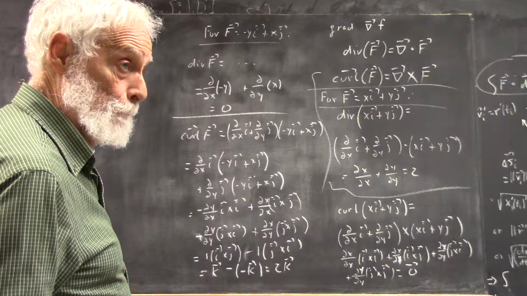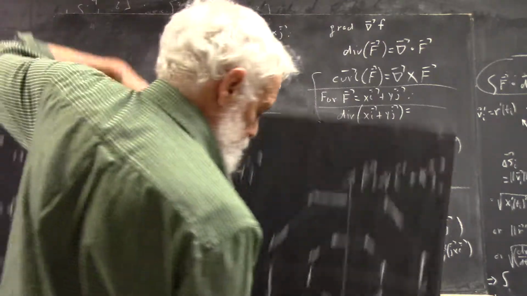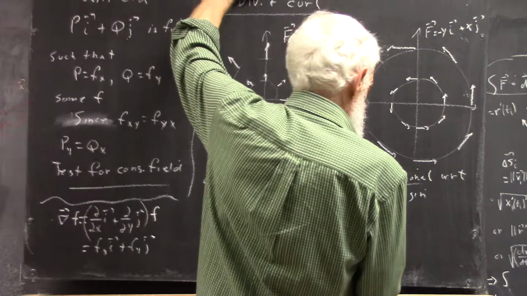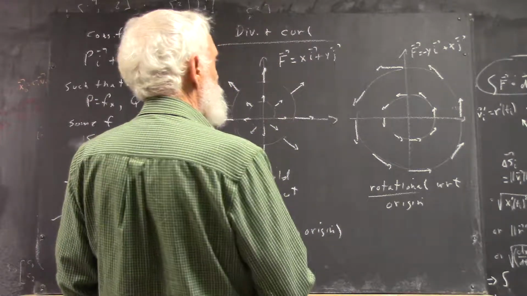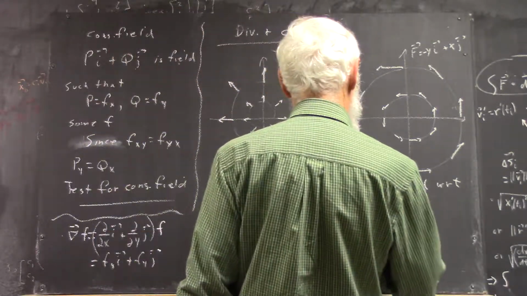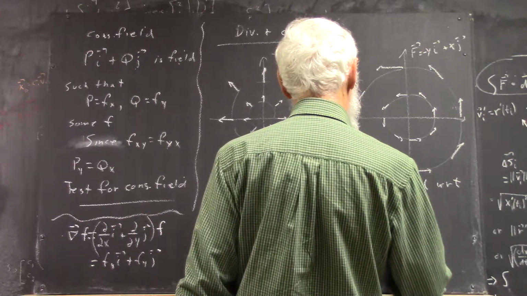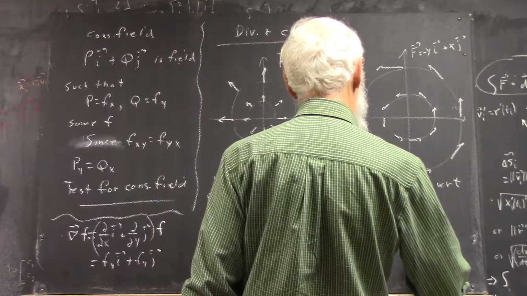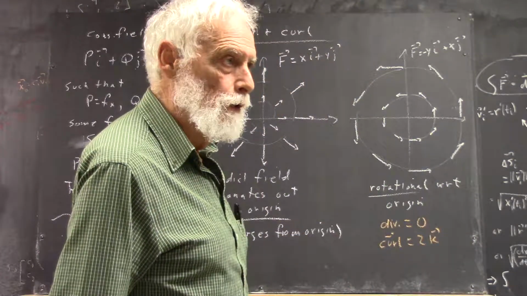Okay? So what we have is divergence of 0, curl is 2k.